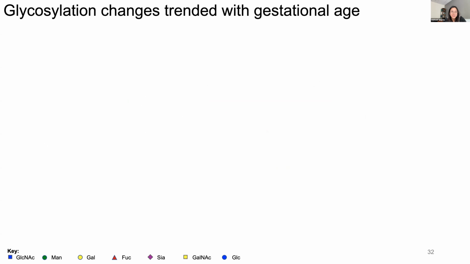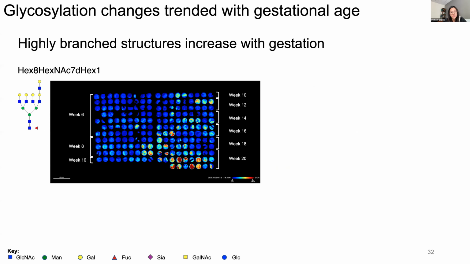So diving into the results, we saw that there were trends in glycosylation that were correlating with gestational age. This is a representative image of a glycan that was increasing with gestational age. The tissue microarray is ordered by gestational weeks, and each core is a sample.